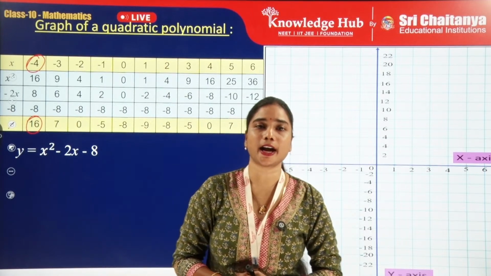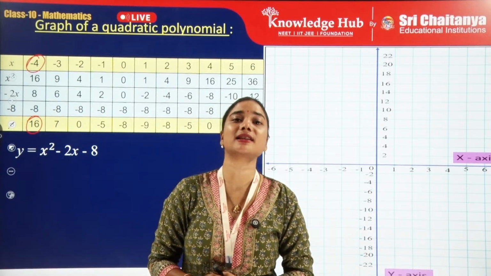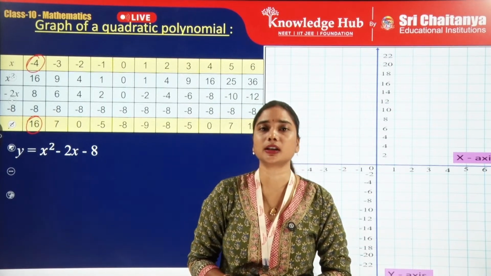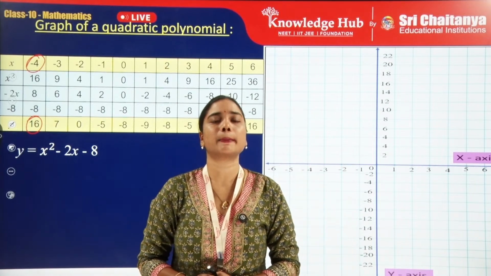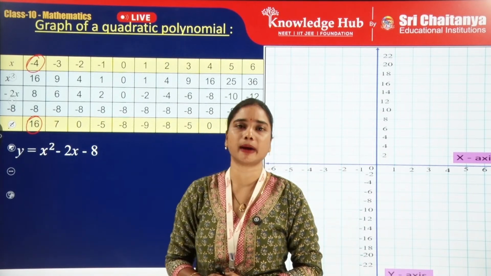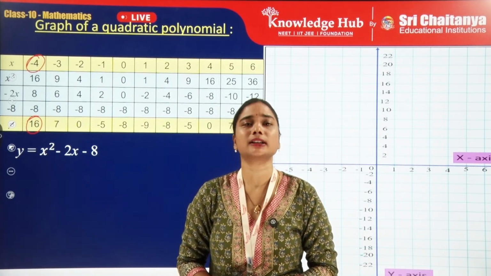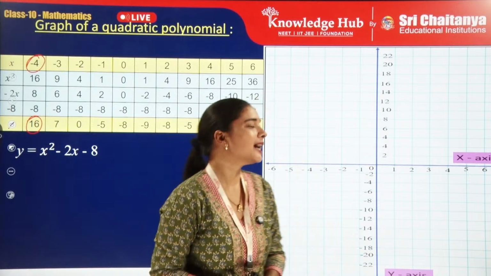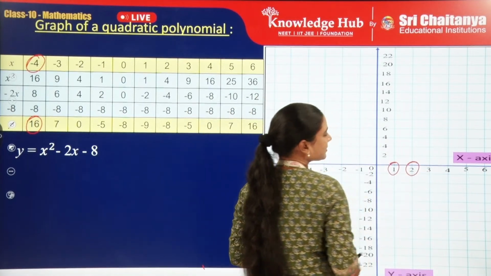While drawing the graph, there is one more important point, that is scale. Here the values of x have a difference of 1: -4, -3, -2, -1. They are consecutive numbers. That's why on the graph sheet I have taken each one as 1 unit.